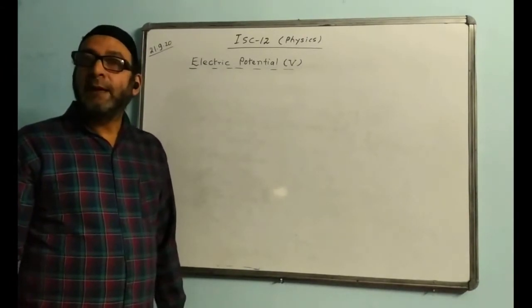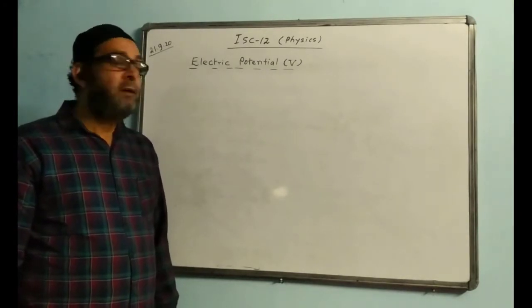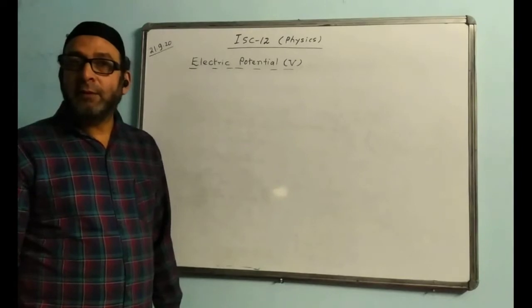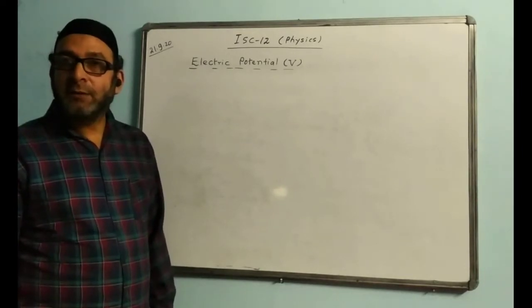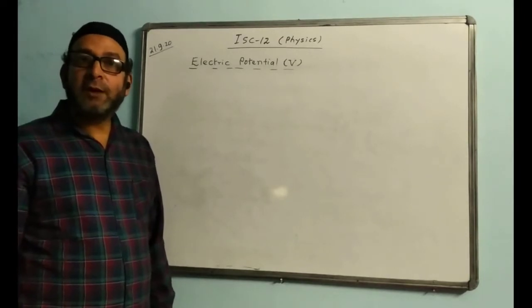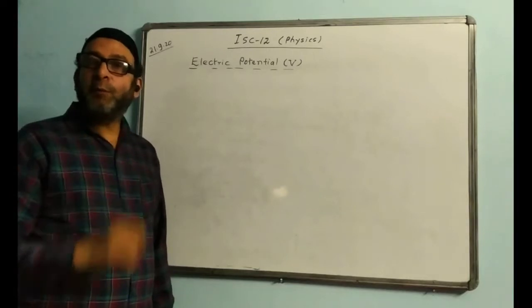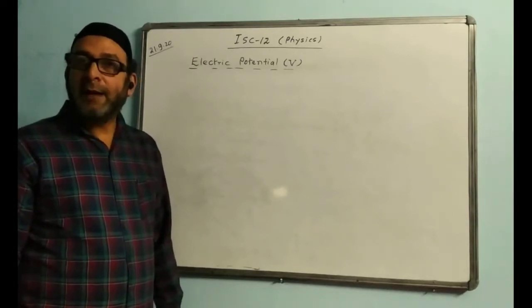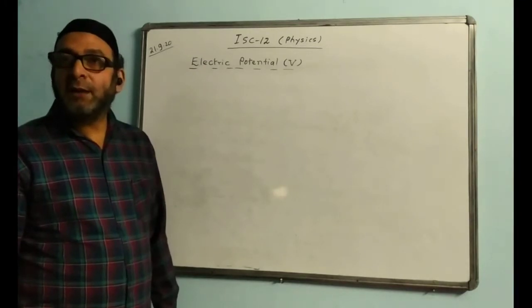Once again, it is the amount of work done to bring a unit positive charge from infinity to a given point in the electric field to keep the charges in equilibrium.